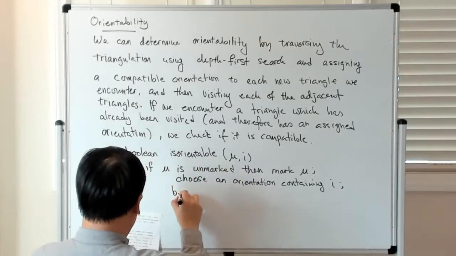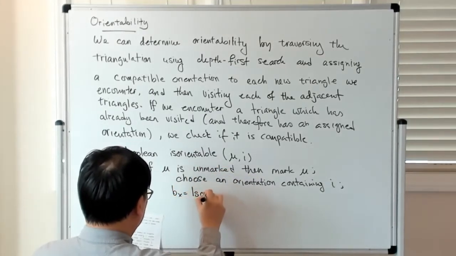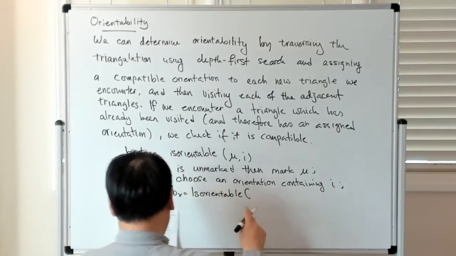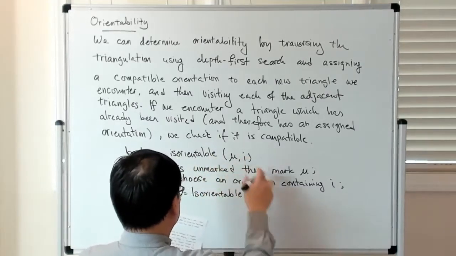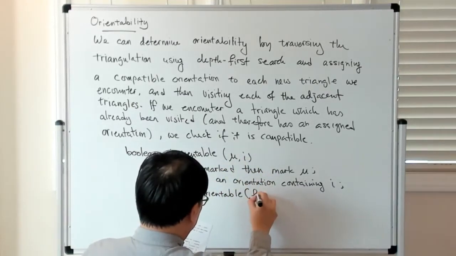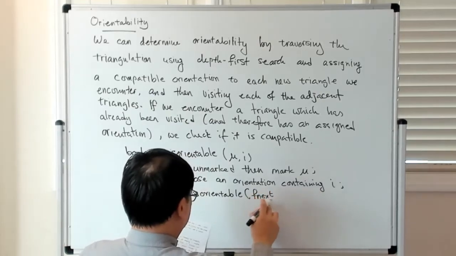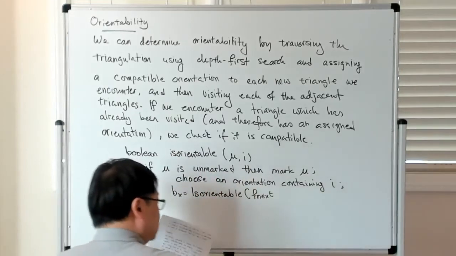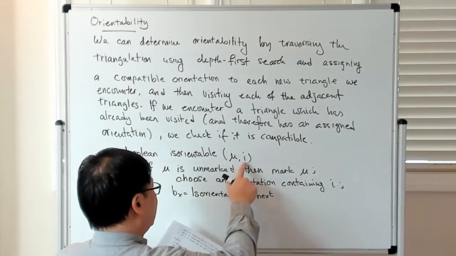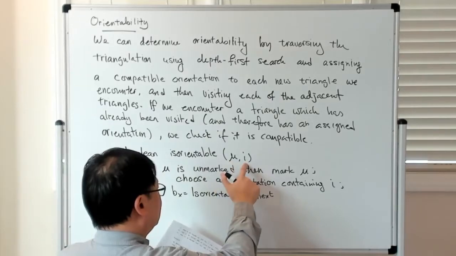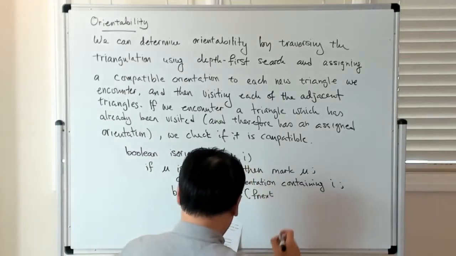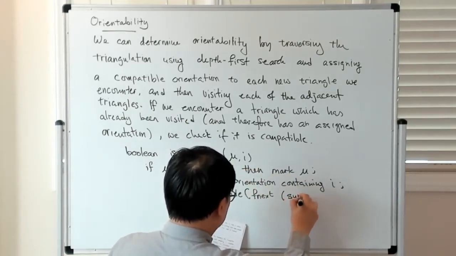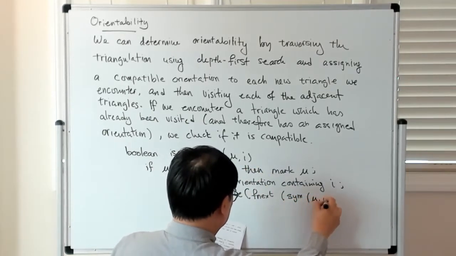So I'm going to say Bx is equal to is orientable, and then I'm going to call this routine recursively for the triangle which shares the same leading edge as this triangle with this particular orientation. Actually, not really, because I'll first flip it. I'll look at the symmetrized version of this.